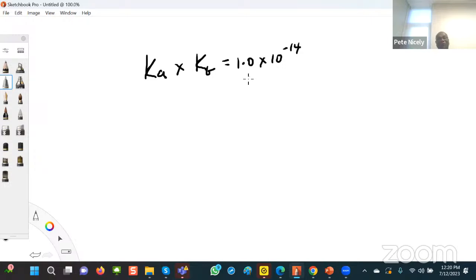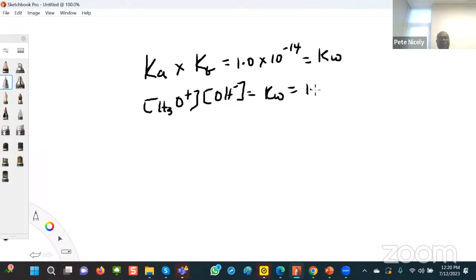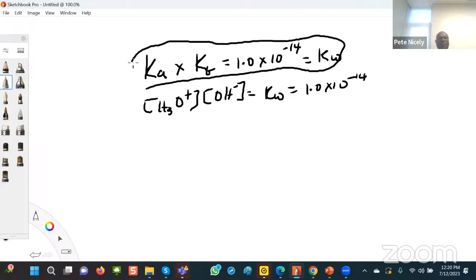So there are two things that will be equal to the Kw, which is 1.0 times 10 to the minus 14: Ka times Kb, and the concentration of H3O plus times the concentration of OH minus. So this relationship will become important in the question that we're about to do, but it's very important that you understand the relationship between Ka and Kb. Ka for the weak acid and Kb for the conjugate base of the acid.